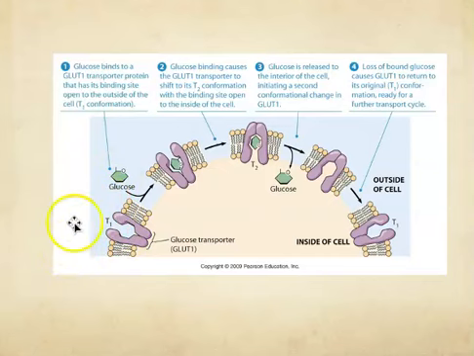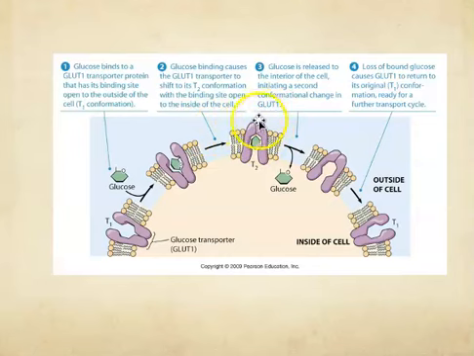So when glucose levels get higher outside the cell compared to inside, glucose can come in and bind to this carrier. When it binds, when it sticks to the protein, it's going to cause the protein to change shape. And that's what they're showing us here.